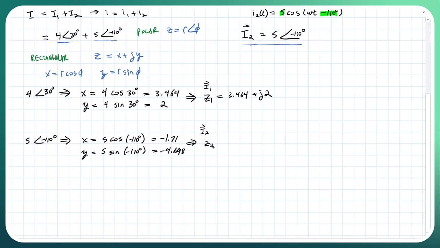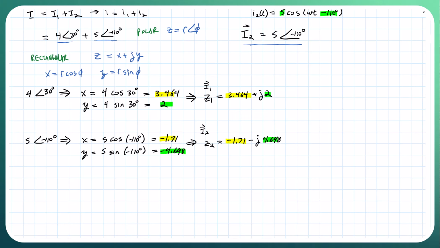I'm just going to call it Z2 here just to keep the notation similar, and I'll interchangeably do them just so you can see that. So it's minus 1.71 minus j4.698. Okay, so again, this 3.464 is there, this minus 1.71 is here, this 2 is coming in here, this minus 4.698 is coming in here.